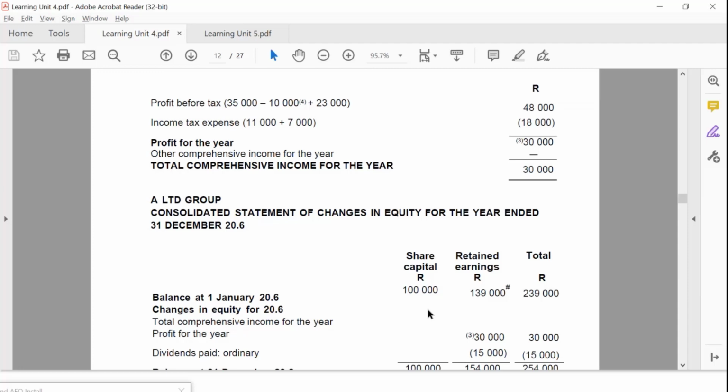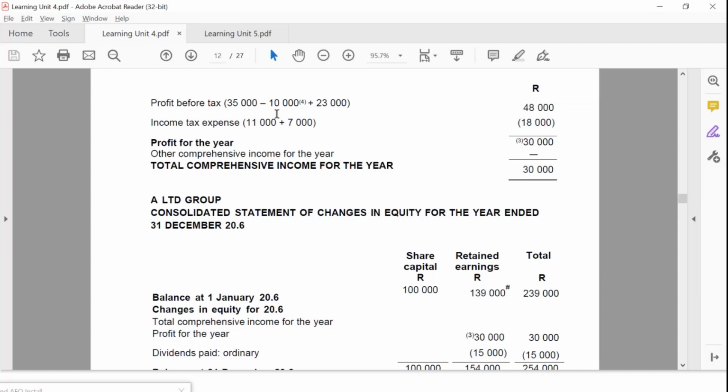Wow, I like this question. I like it a lot. So what happens in a partly owned subsidiary is that, even though it's partly owned, the only thing that is going to change is this 10,000 here. Because when it's a partly owned subsidiary, you still add 35,000 and 23,000.